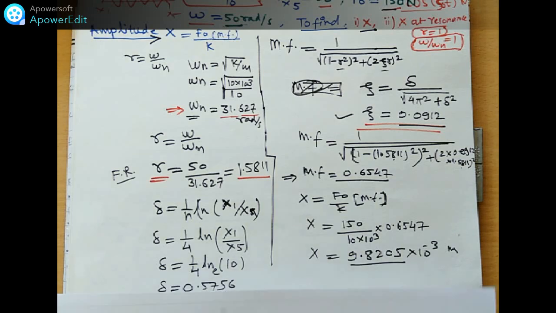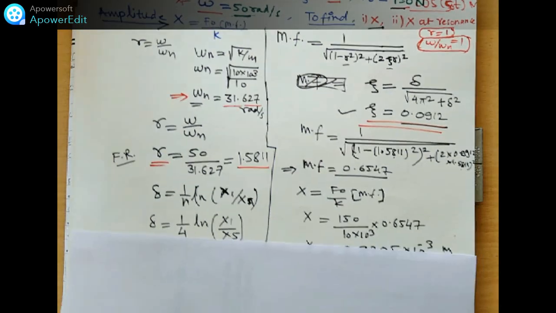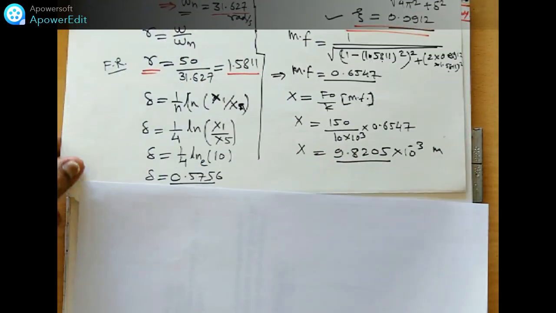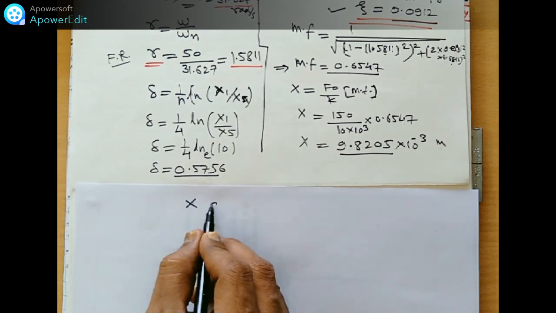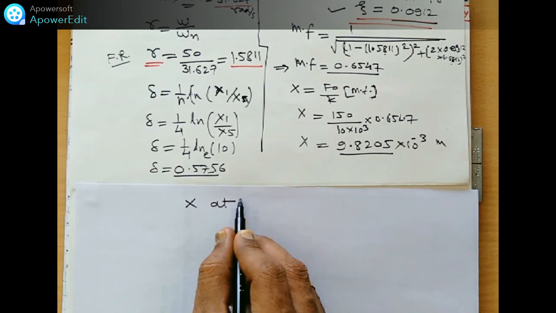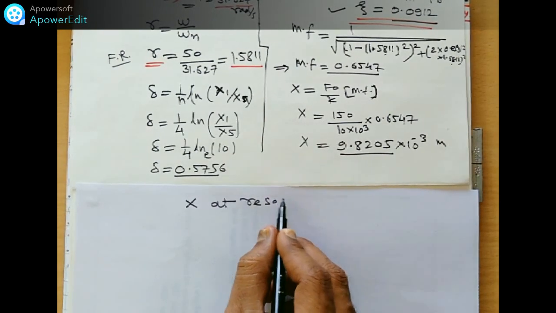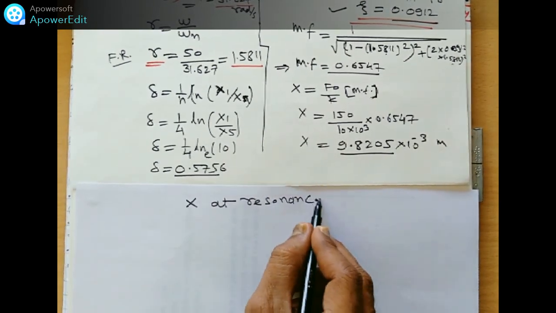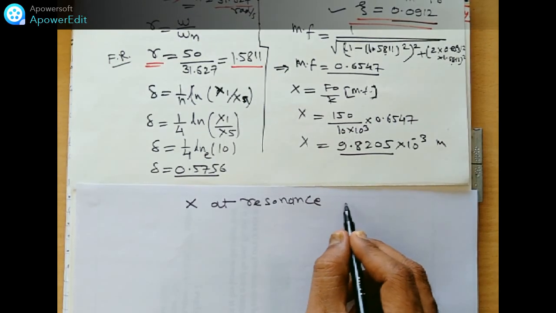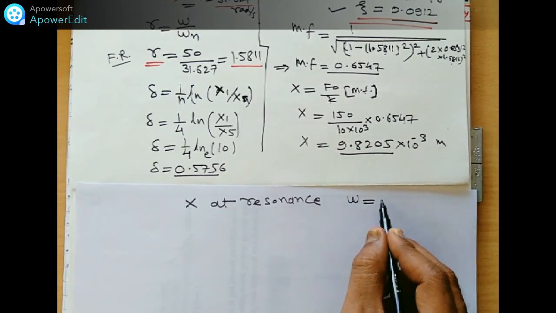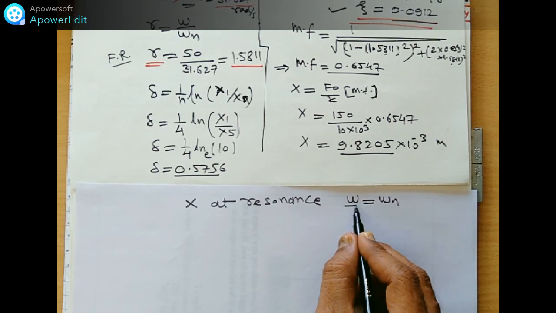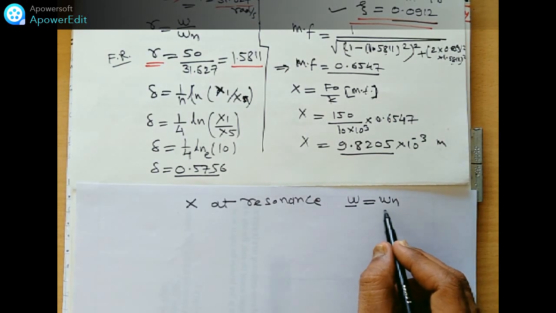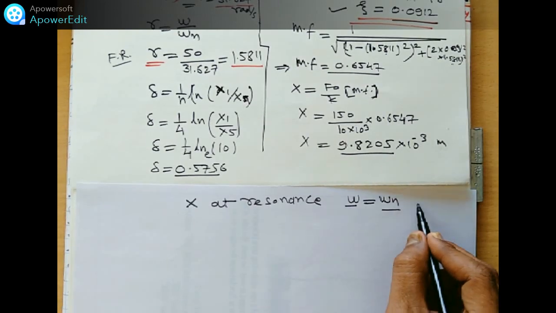Now what we have to find out is the value of x at resonance. Resonance occurs when omega is equal to omega n. The frequency of the system is equal to the natural frequency of the system, so that means r becomes equal to 1.